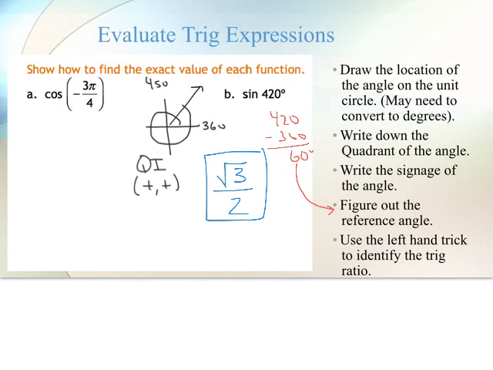And there is the sine of 420 degrees: the square root of 3 over 2, positive, since I'm dealing with quadrant 1. If you have any questions, please ask in class. Always feel free to rewind. And like I said, if you have any questions, I'm always there for you guys.